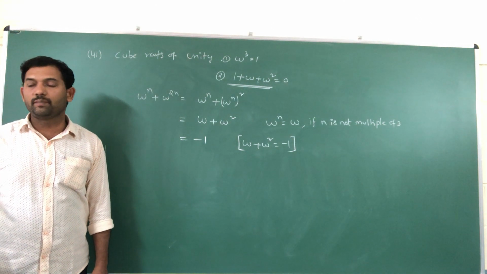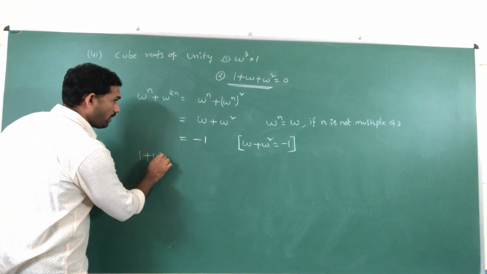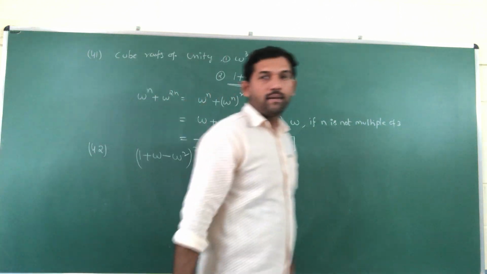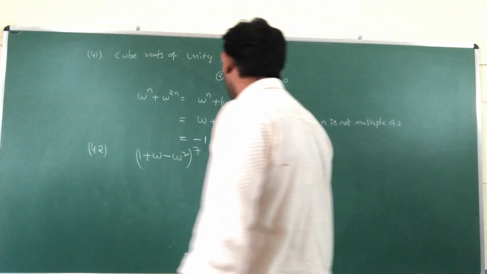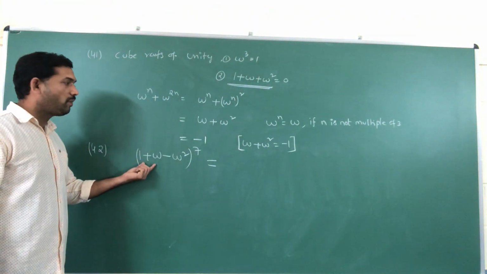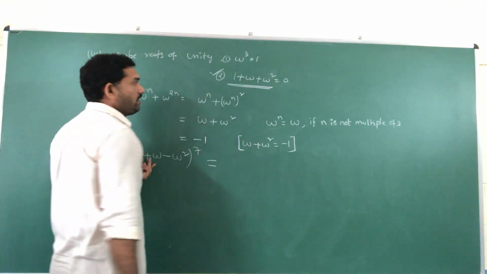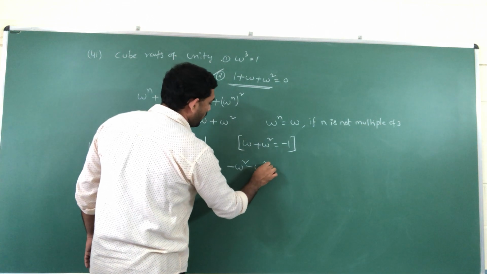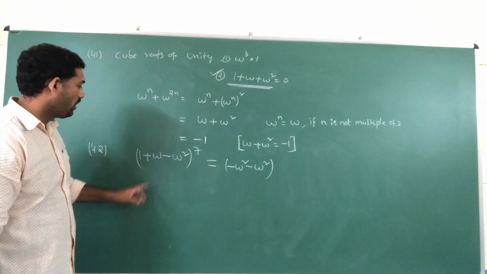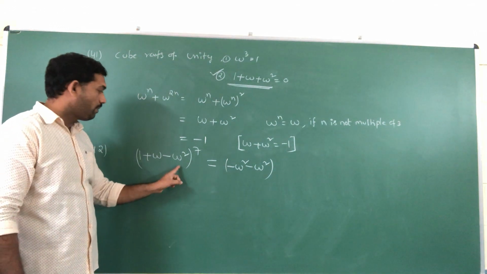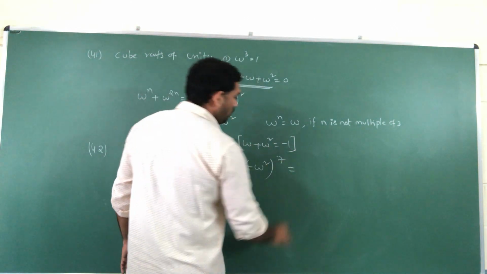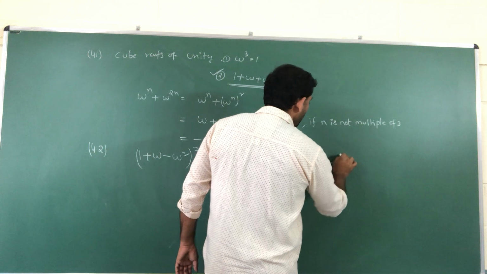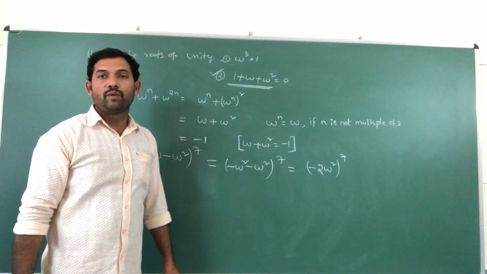What value are we going to simplify? 1 plus omega minus omega square whole to the power 7. Very simple. What is the value of 1 plus omega from this condition? 1 plus omega is minus omega square. So 1 plus omega minus omega square is minus omega square minus omega square, which is minus 2 omega square, whole to the power 7.